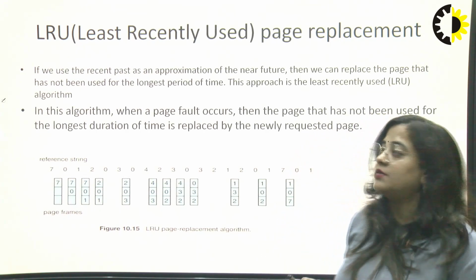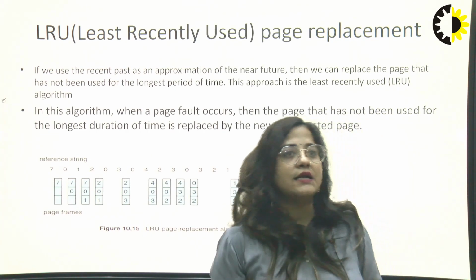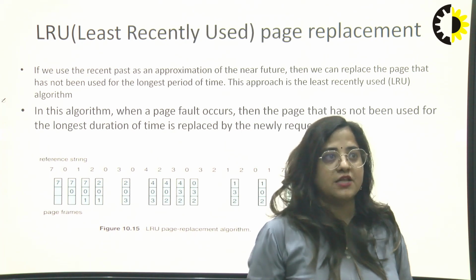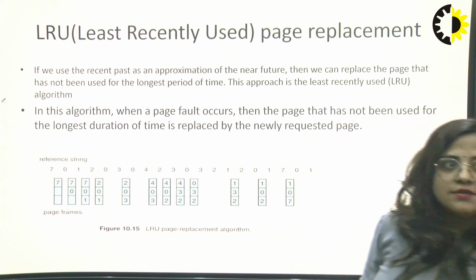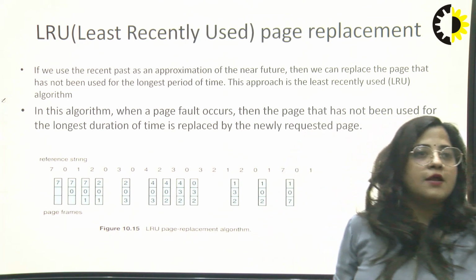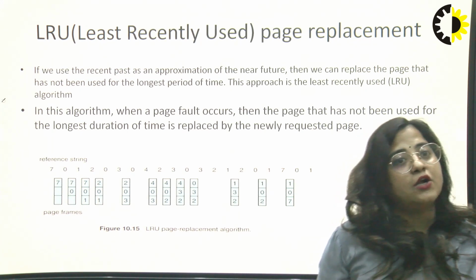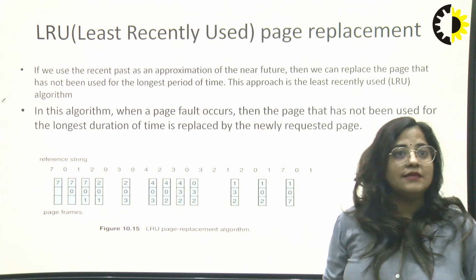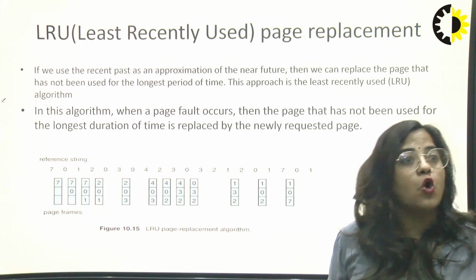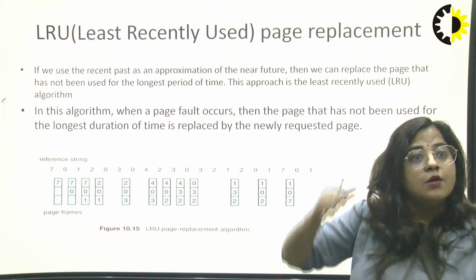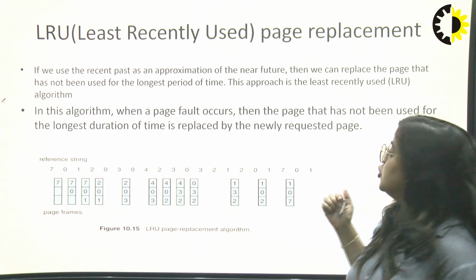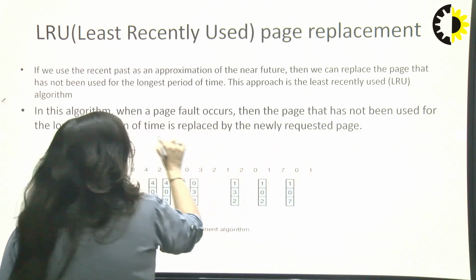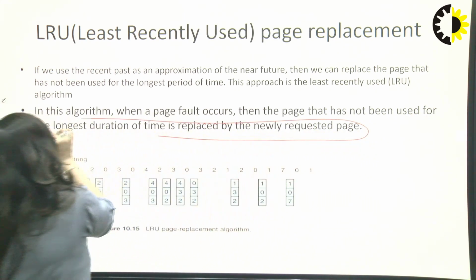Now comes the third one, the least recently used page replacement. According to this algorithm, when a page fault occurs, the page that has not been used for the longest duration is replaced by the new requested page.